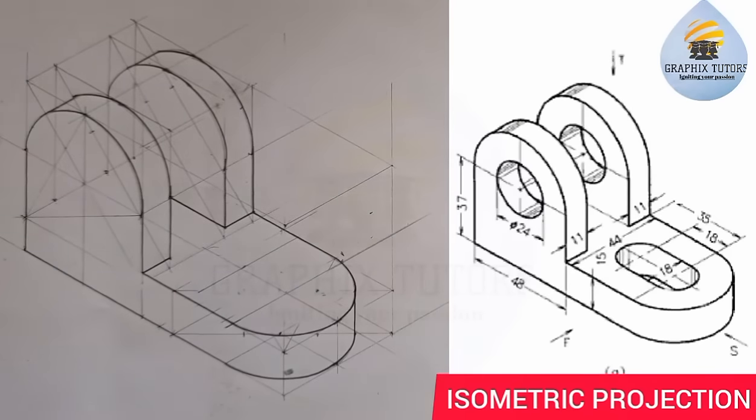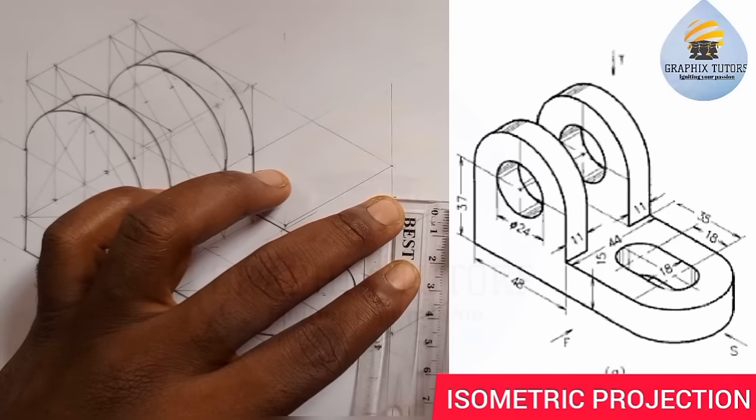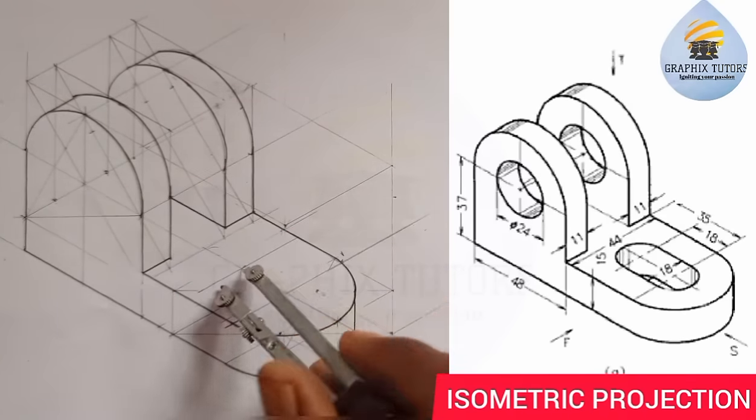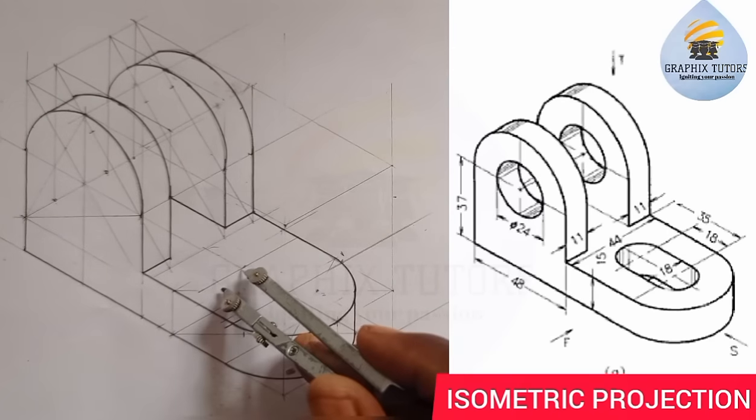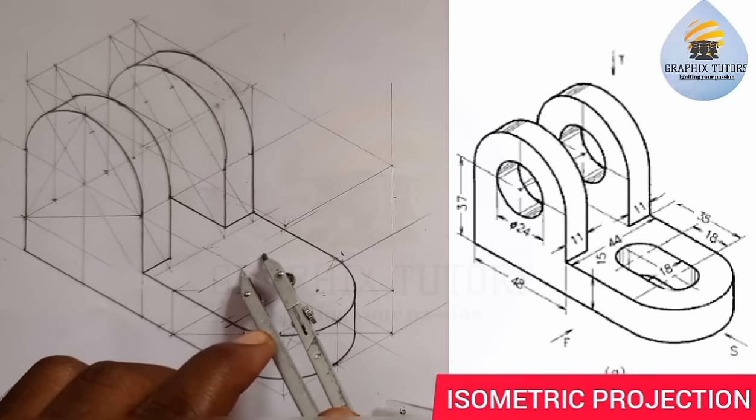And the thickness here is given to be 18 again. So that means 9 millimeter to both sides. I'll measure 9 millimeter on my meter rule from 0 to this point is 9, and I'll place it at the center point. I'll measure here to be 9, to the next point here also 9.